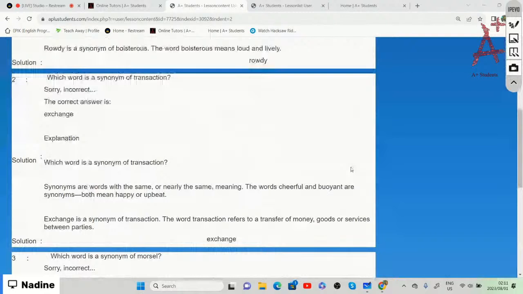The word transaction basically refers to a transfer of money, goods or services between parties. That is a transaction that is taking place, right? Or another word would be that it is an exchange taking place.